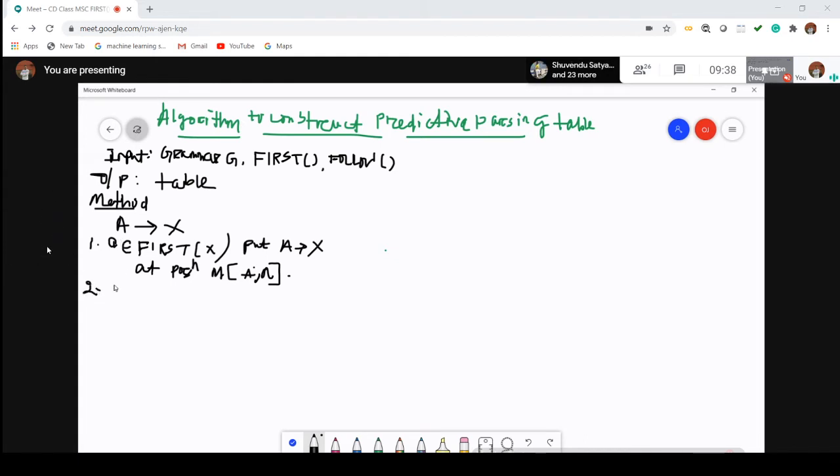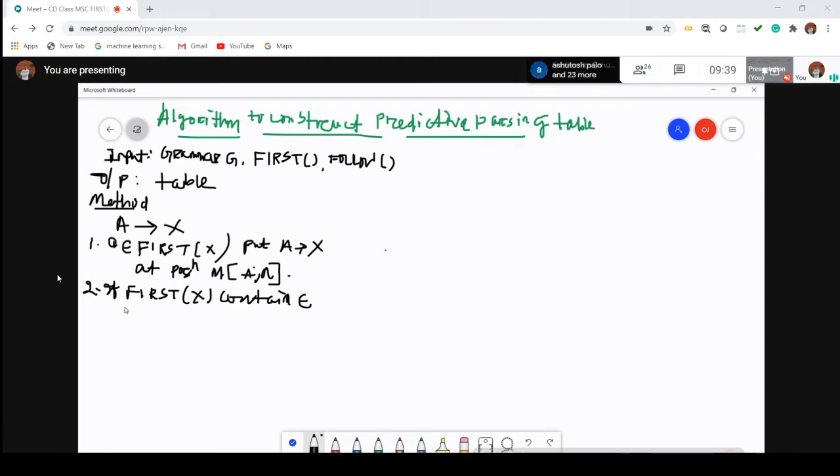If first of X contains epsilon, then calculate the follow set.